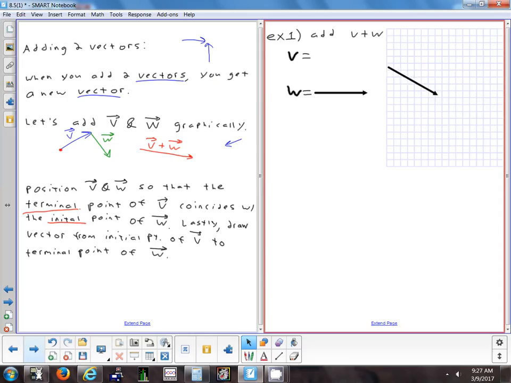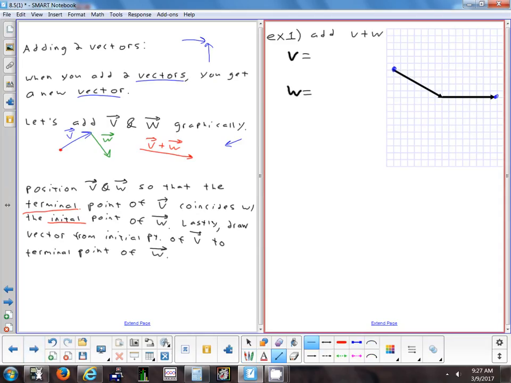So I'm going to just take V, put it right there. I'm going to take W, put that right on the end of it. And then I'm going to connect where I started to where I stopped. And that's V plus W.